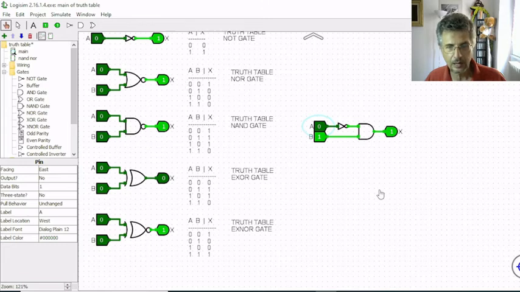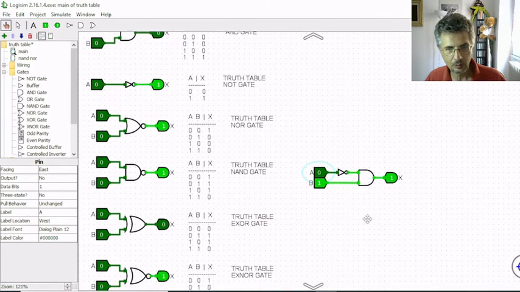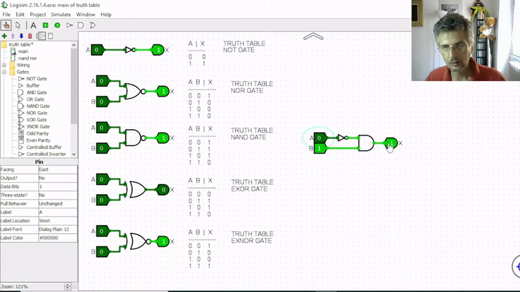There is no other simple gate with this truth table, this behavior. So it is possible to have some circuit with a behavior different from these basic gates.